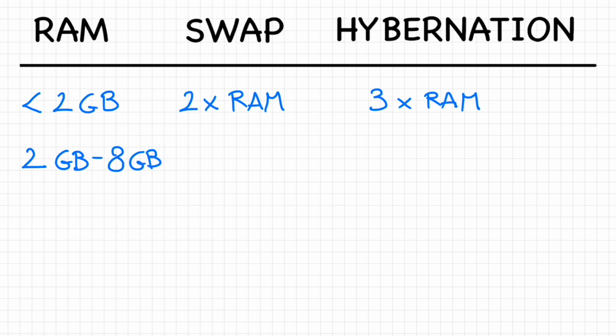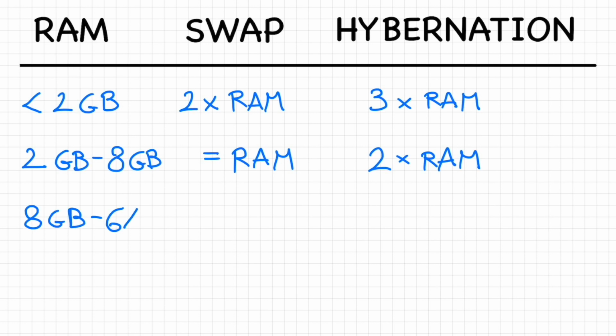If your system has a RAM between 2 gigabytes and 8 gigabytes, then the recommended swap space is equal to the total amount of RAM. If allowing for hibernation, the swap size should be 2 times the amount of RAM. If your system has a total amount of RAM between 8 gigabytes and 64 gigabytes, you have to assign at least 4 gigabytes to the swap partition.